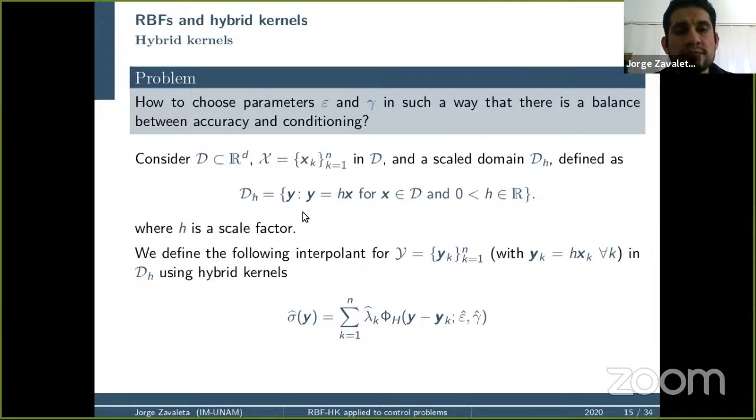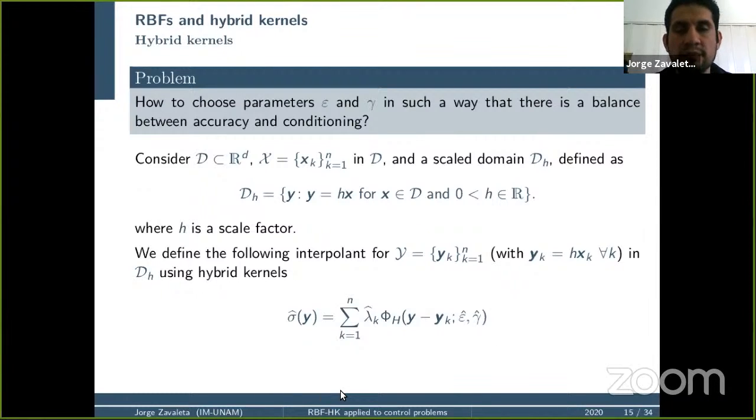So we consider a scaled domain where h is a scale factor, and we also define an interpolant in this set and in this domain. The nodes are almost the same as the ones I was considering in the non-scaled domain, and they are related. So we define this interpolant.